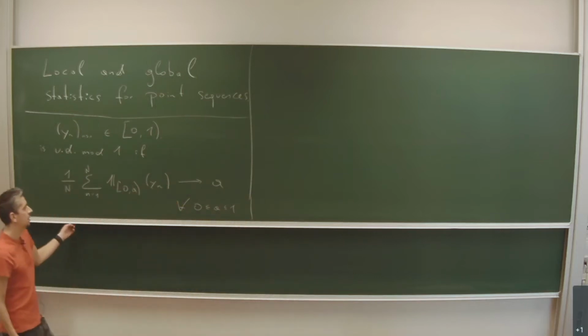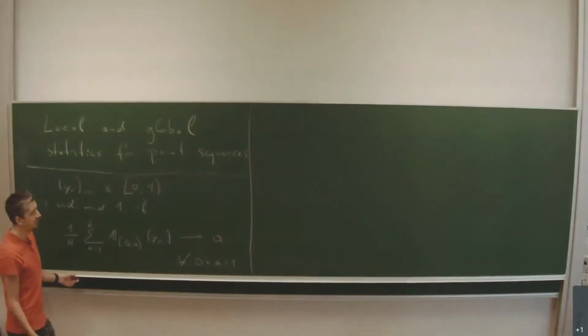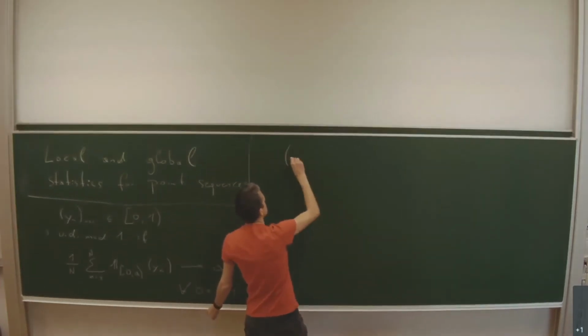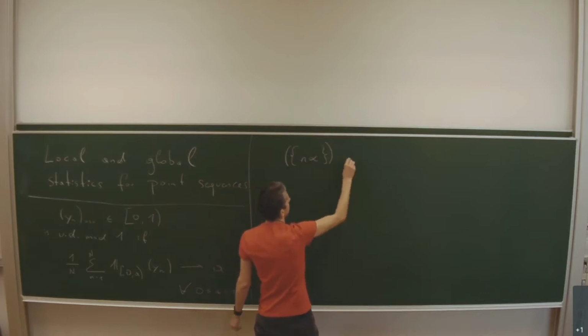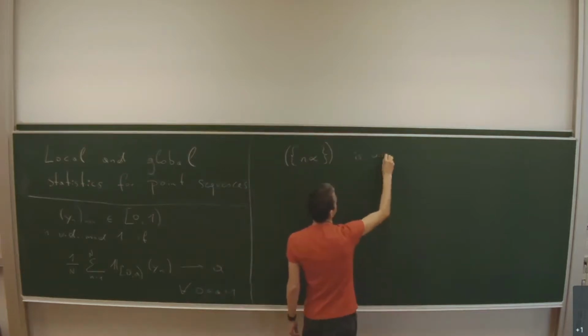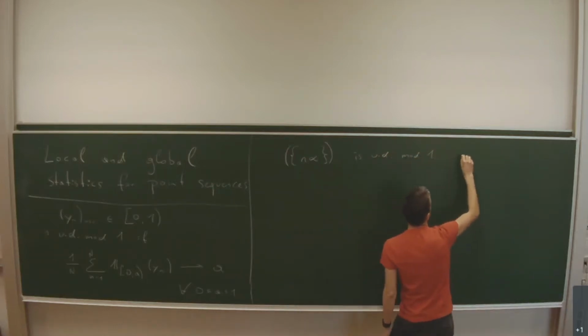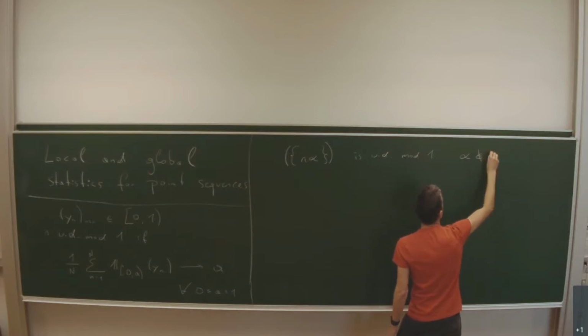This is a theory that has a long tradition going back more than 100 years. Some of the very classical results here are that the sequence of fractional parts of n alpha is uniformly distributed mod 1, provided that alpha is irrational.